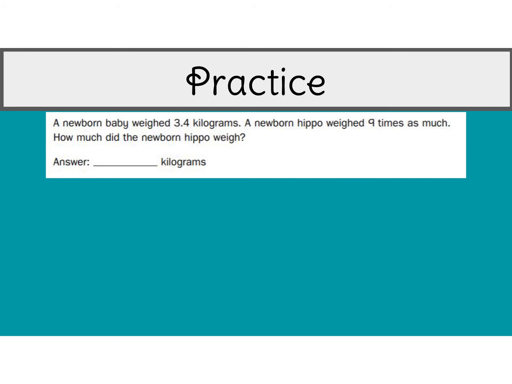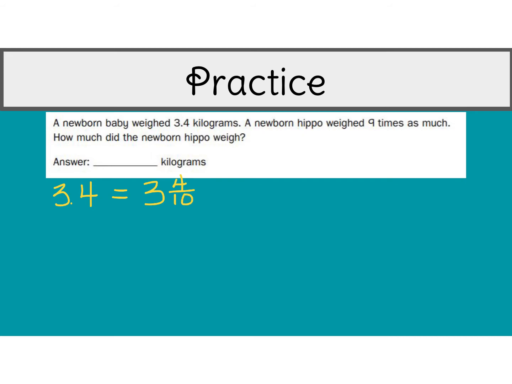So what we're going to do is go about this problem in a couple of different ways. The first thing that we're going to do is convert that decimal to a mixed number. So if we take 3 4/10, that is equal to the whole number 3 and the fraction 4/10.